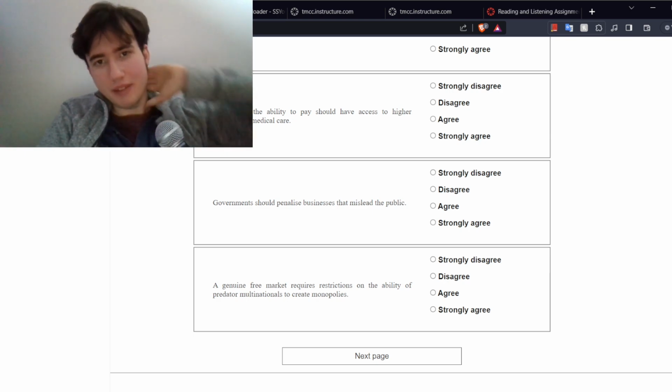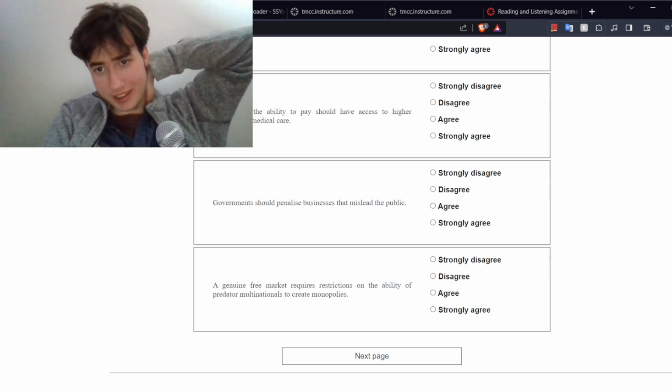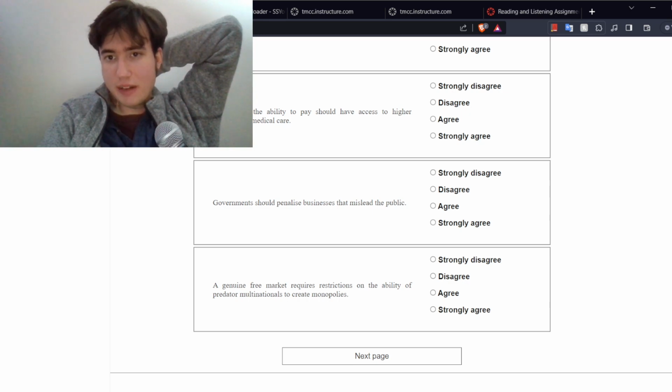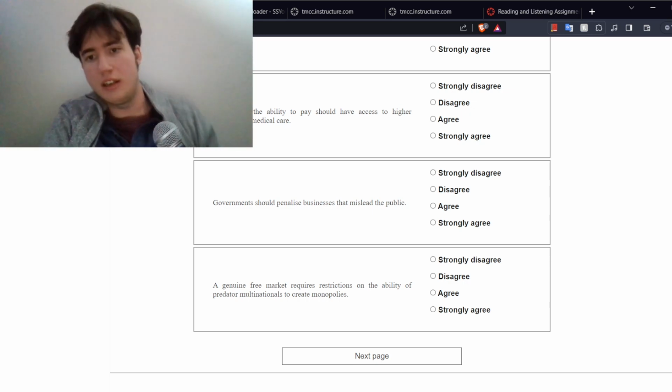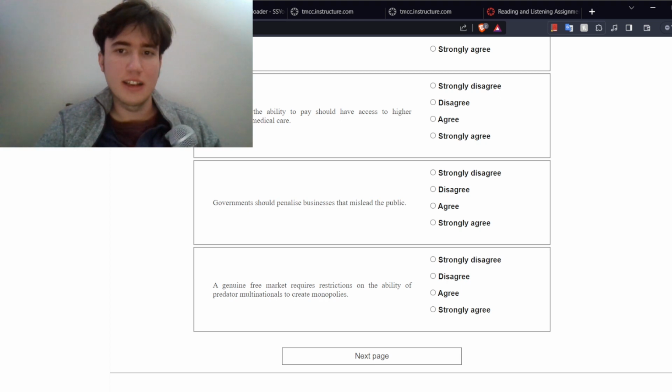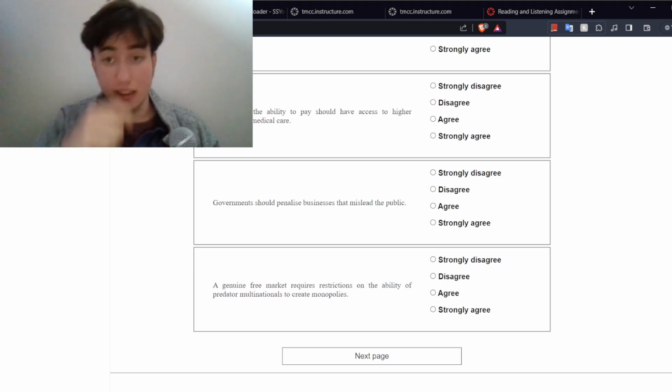So I'm not always super gung ho about putting all of that burden on the government, because I don't know if the government can take that much of a burden, honestly.